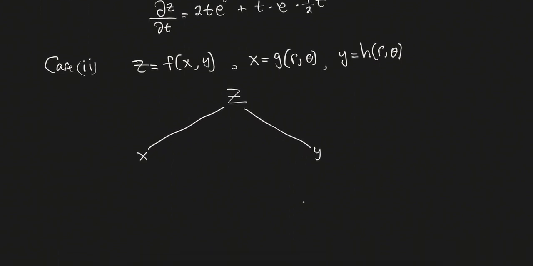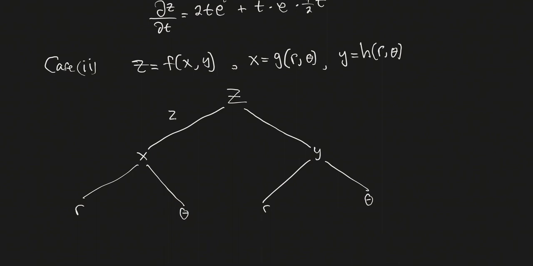And so now we're saying that x and y depend on r and theta. So x and y, they each depend on r and on theta. And so now let's say this is it. So our tree is 2 levels deep. This is level 0, this is level 1, this is level 2.